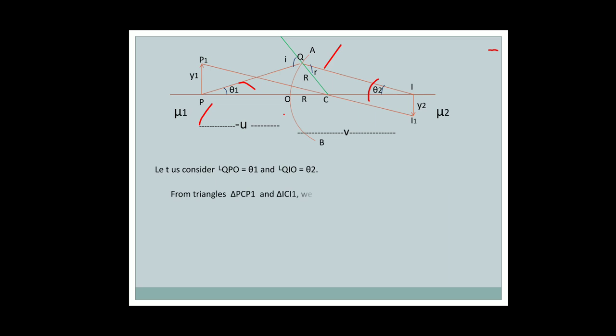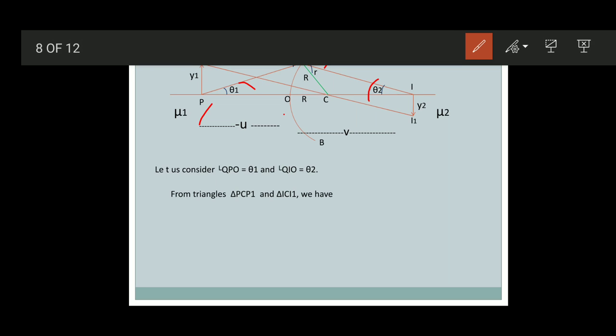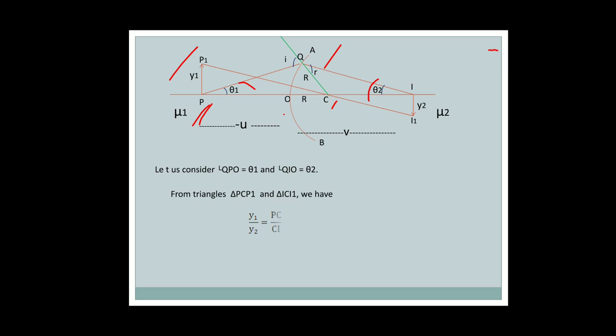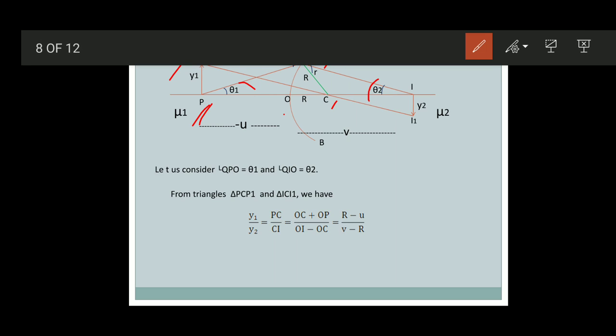From the triangle PCP1, where this is P, this is C, this is P1, and one more triangle, the triangle ICI1, both triangles are similar triangles.